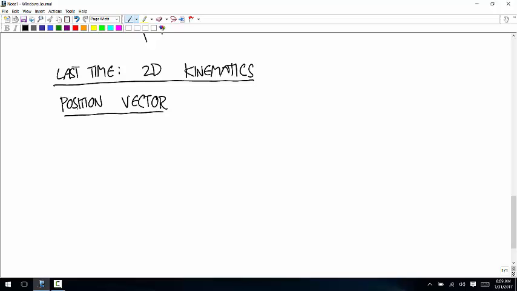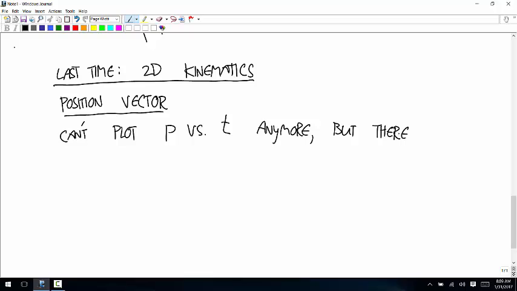And if you want to plot the position vector, since there's two components now, we can't really plot just plain position versus time anymore. But there are three useful graphs that we can think about.